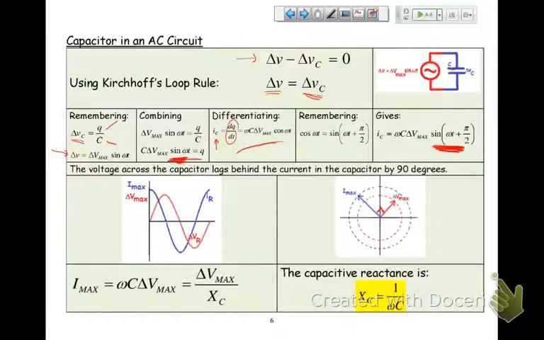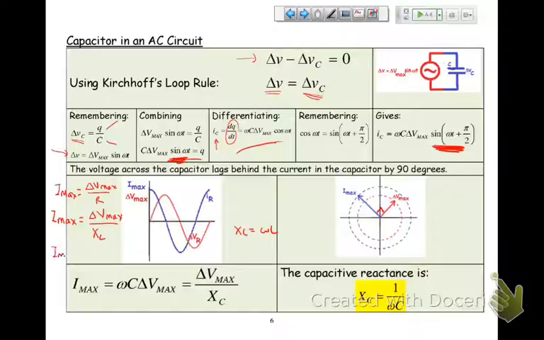So I said I max is equal to delta V max over R. And then I said, by the way, I max for an inductor was equal to delta V max over XL. And XL is equal to omega L. So now I said, this is a great idea.